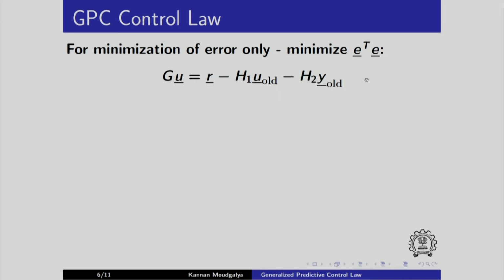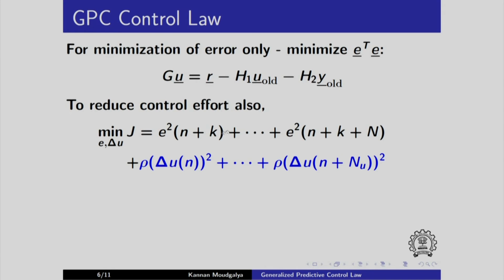So this is what we want to minimize. To reduce the control effort also, we need to minimize this modified objective function where we have included delta u terms also, that is changes in control effort as given earlier. We have to minimize with respect to E and also delta u.